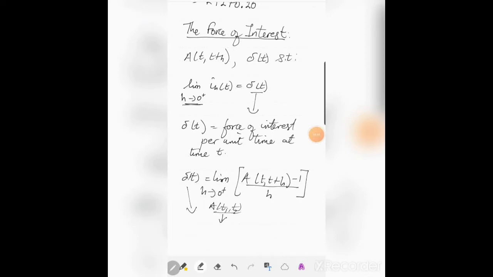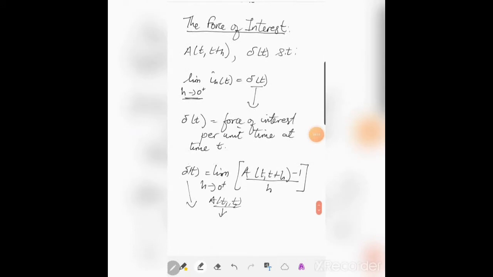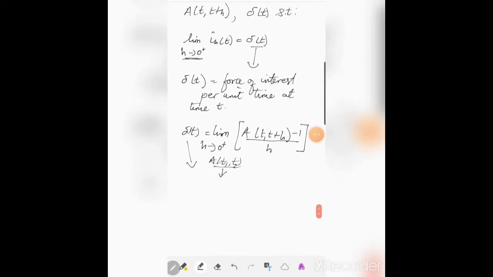But when the principle of consistency holds, it is possible under very general conditions to express the accumulation factor in terms of the force of interest. So what are we talking about? An important formula under the force of interest in terms of the accumulation.